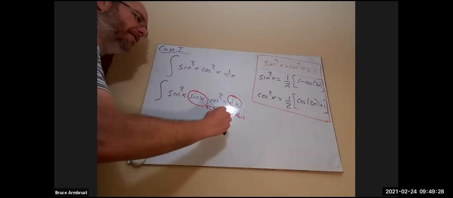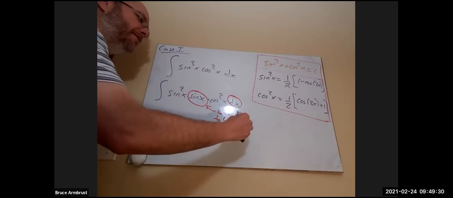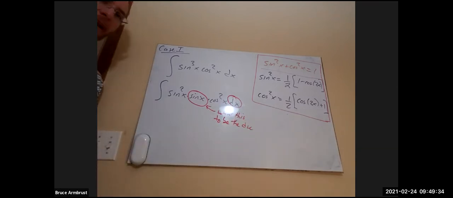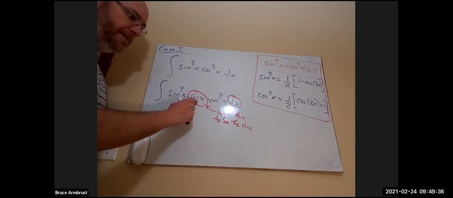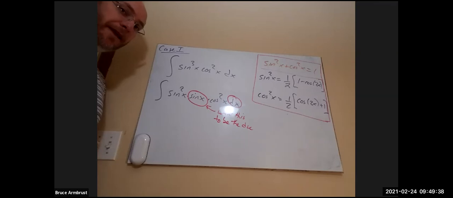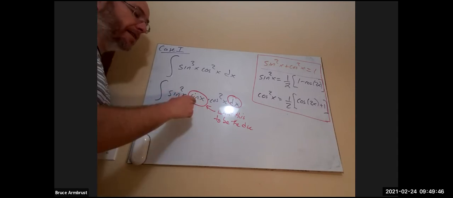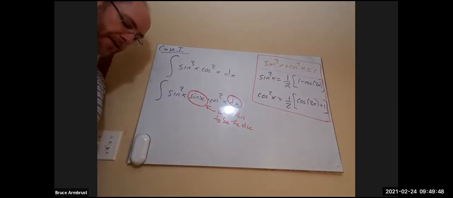I want this to be the du. I want that one little piece to be in the du from my u sub. So if I'm going to do that, I want the sine of x to be my du.